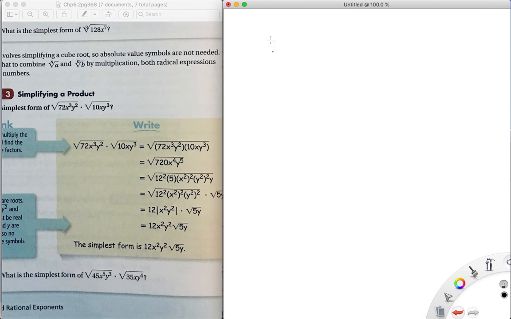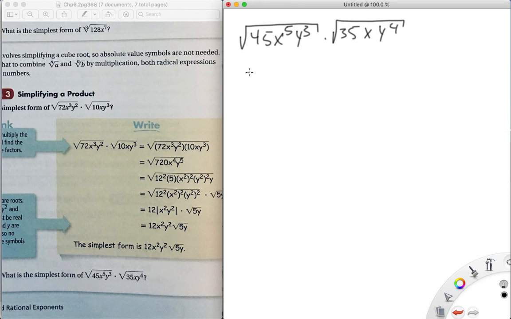So let's try one. The square root of 45 x to the 5 y to the 3 times the square root of 35 x y to the 4th. Okay.